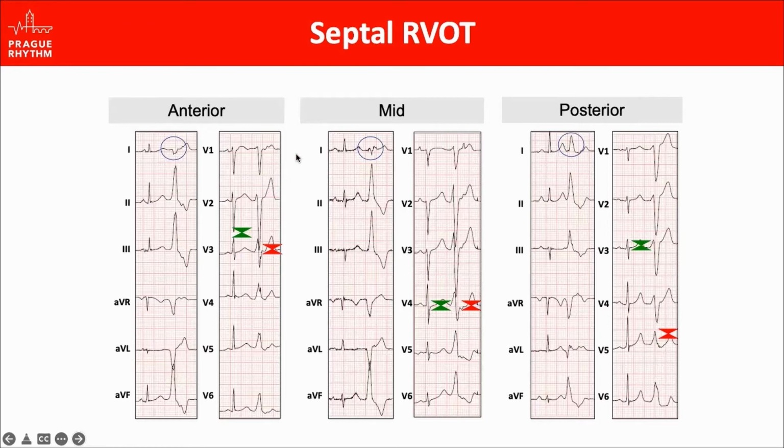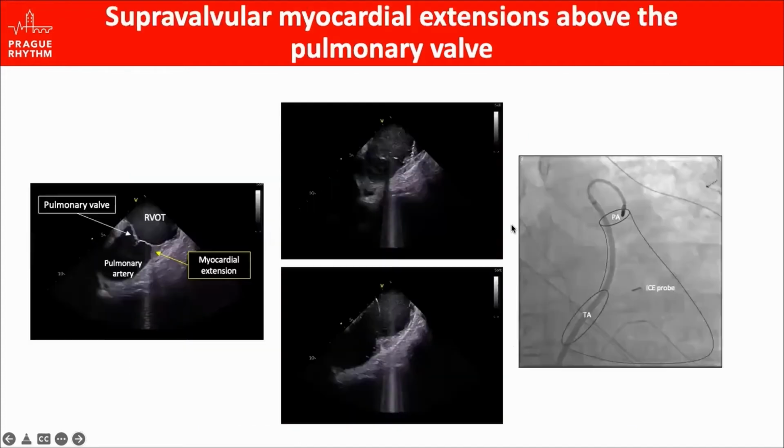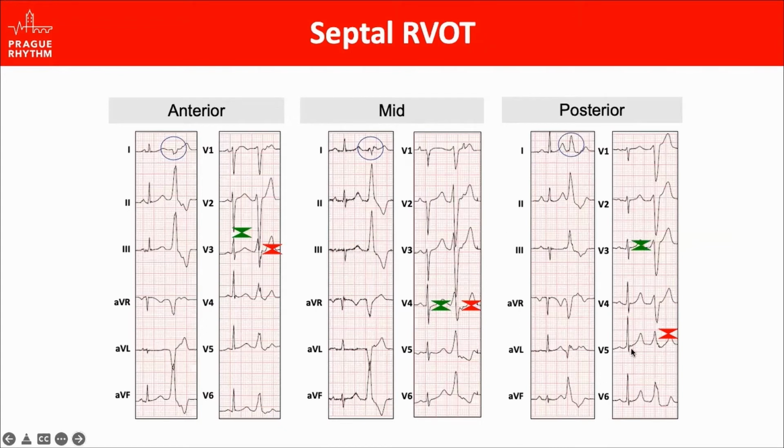Septal RVOT can be divided into the anteroseptal part, midseptal part, and posteroseptal part. The main difference between the septal sides of the RVOT is in lead I. If we have a patient with anteroseptal RVOT PVCs, the morphology of the QRS in lead I will be more negative.